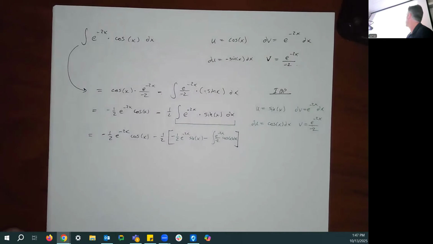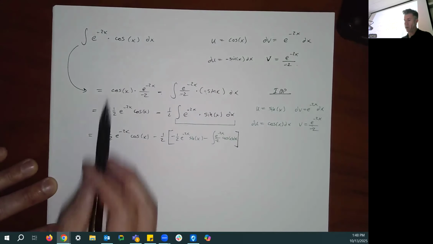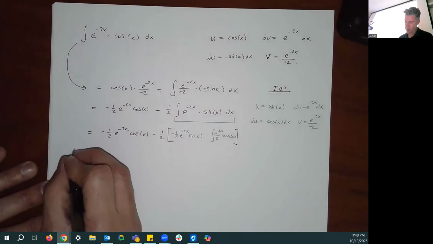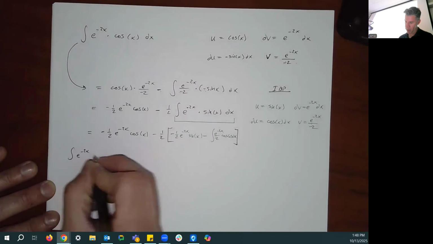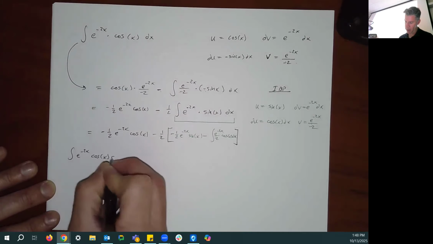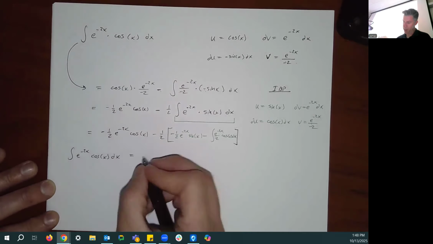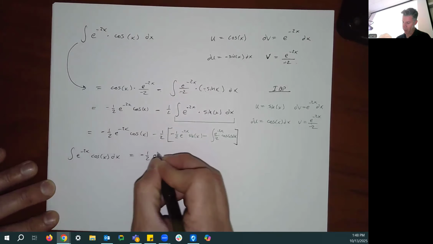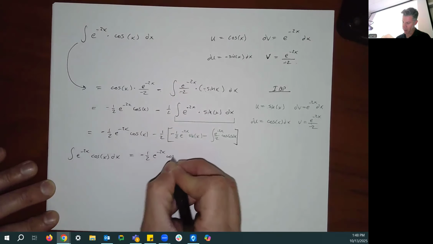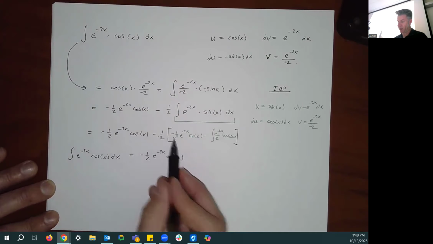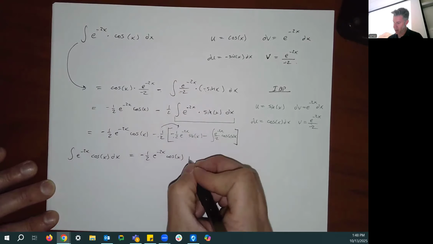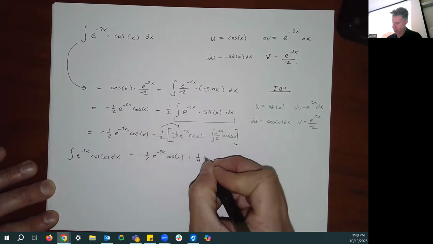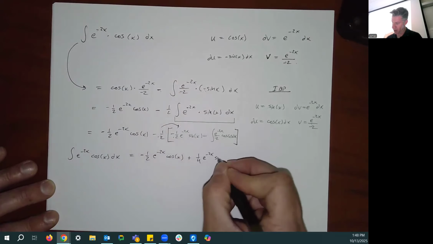And you might notice I've got something very similar to the integral I started out with. So let's write one more equation, and then we'll try to simplify this thing. So here's the whole equation. The original integral of e to the negative 2x times cosine of x dx is equal to, let's see, I've got negative 1/2 e to the negative 2x times cosine of x. I've got negative 1/2 times negative 1/2, which is positive 1/4 e to the negative 2x times sine of x.